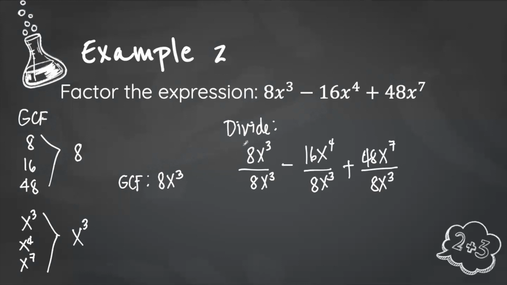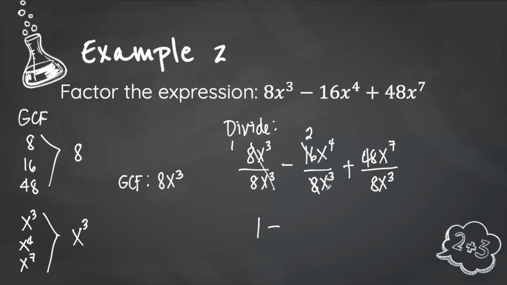Let's divide each. So 8x cubed divided by 8x cubed will just be 1 minus 16 divided by 8 is 2.